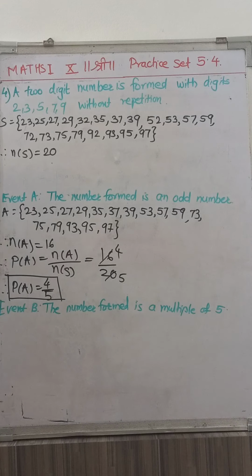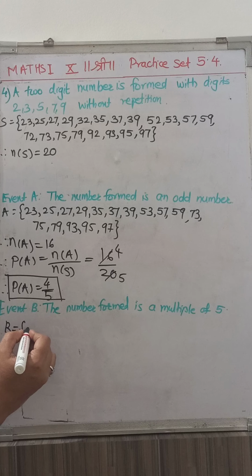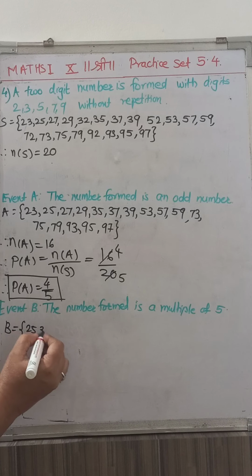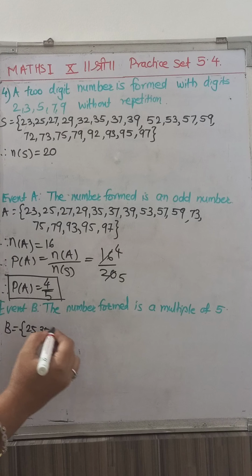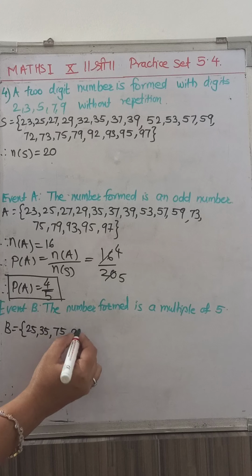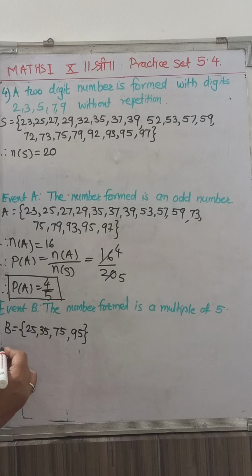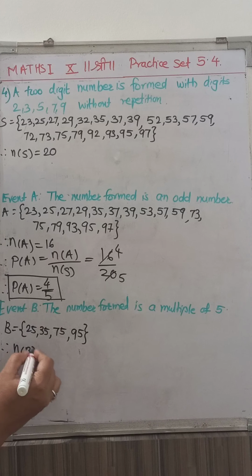Now let B be the event that the number formed is multiple of 5. आता याच्यातले 5 चे मल्टिपल्स नंबर्स जे आहेत ते आपण लिहूया B मध्ये. So 25, 35, then 75 and 95. Therefore, n of B is equal to 4.